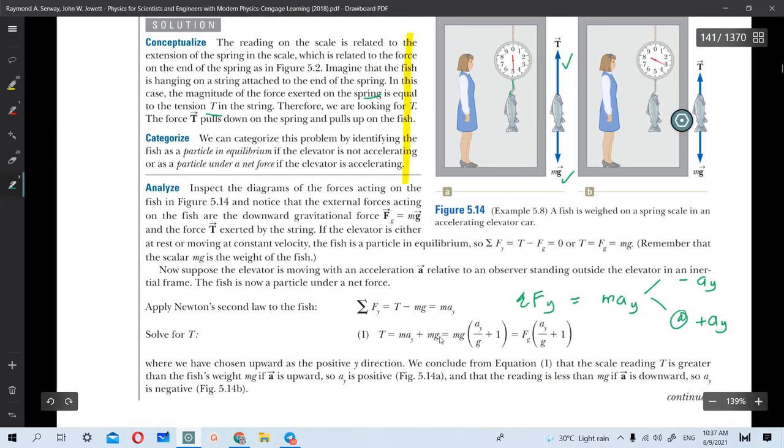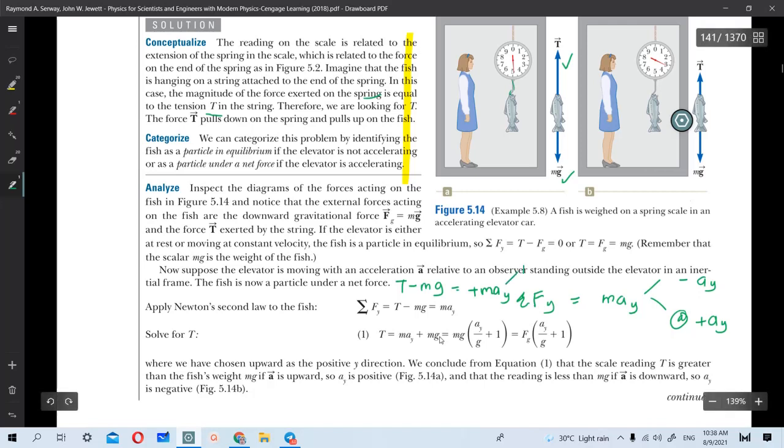then this expression would be written as T minus mg equivalent to positive ma in the y direction. Now, can I not write AY? Yes, you may. It's just that you need to understand and rationalize your understanding. Why do you write Y? Because to indicate that the system is accelerating in the Y direction, so that you understand the direction.